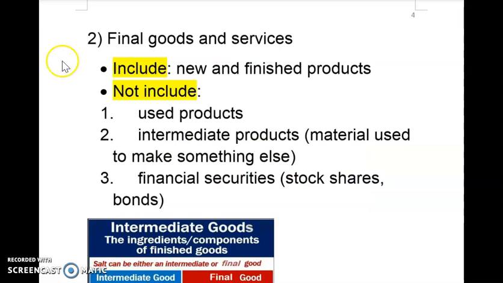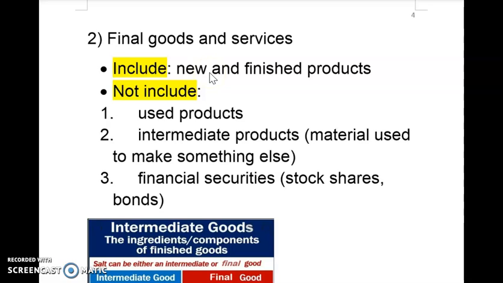Okay? The second term is final goods and services. So what do you mean by final goods and services? Well, final goods means the good must be new and the good must be finished. It's ready for sale, put in the market, or you purchase it for consumption or for other purposes already. What do you mean by new?